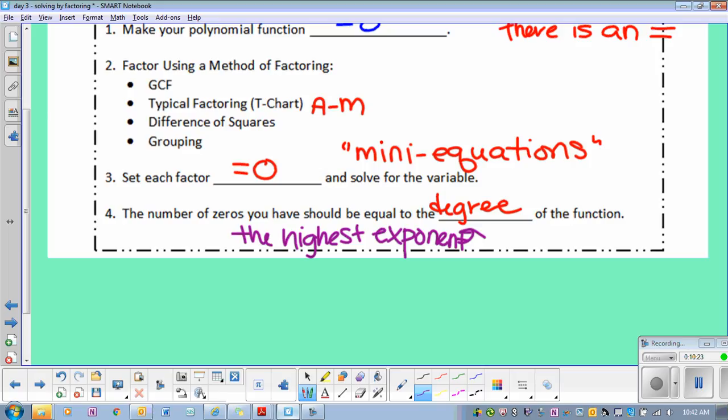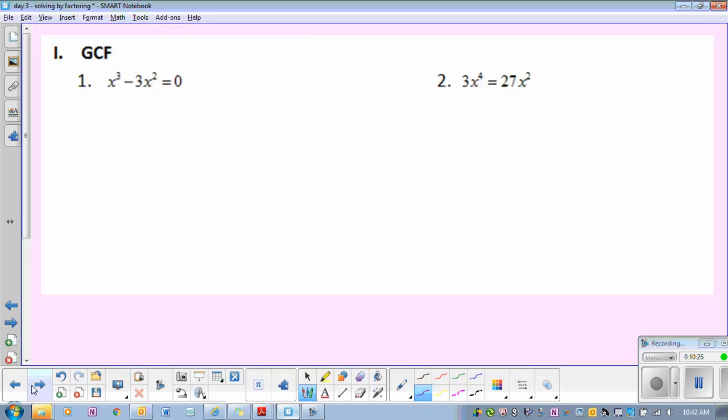All right, let's try some examples. So numbers 1 and 2, I already told you that they're GCF, right? So the first thing we want to do is ask, is it equal to 0? Number 1, is it? Yeah. All right, so let's go find the GCF. X cubed minus 3x squared. What's my GCF? X squared.